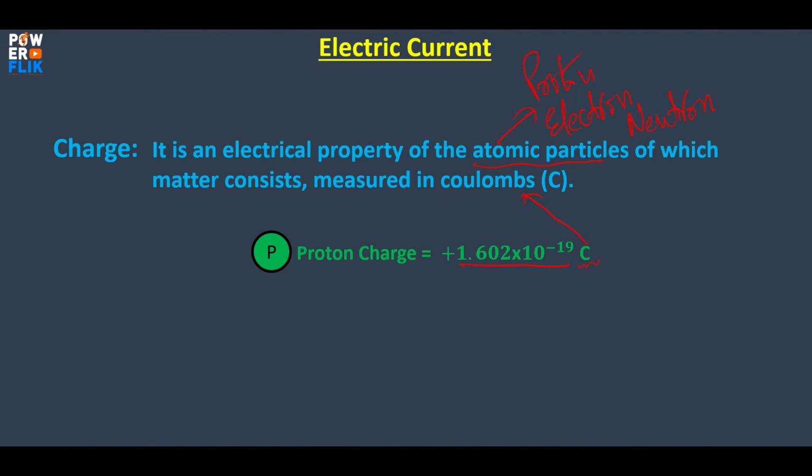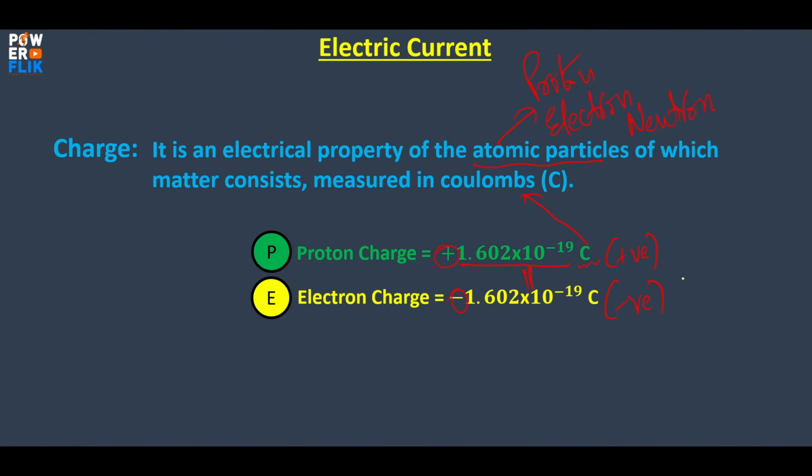So proton is having 1.602 into 10 power minus 19 coulombs of charge. Similarly, electron is having minus 1.602 into 10 power minus 19 coulombs. If you observe, both the magnitudes are the same, but the signs are different. Proton is having positive sign, electron is having negative sign.